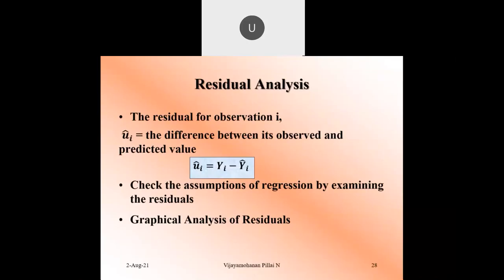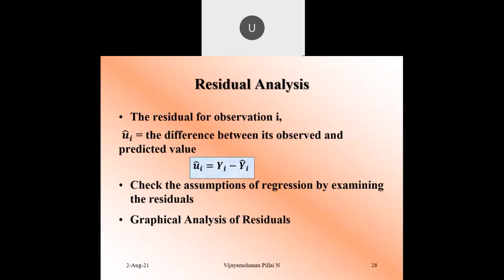And this usually we do using the graphical analysis of residuals. In addition to the graphical analysis of residuals, we have, of course, certain statistical tests for each of the assumptions. So we will consider both the graphical analysis of residuals and these tests on the assumptions.